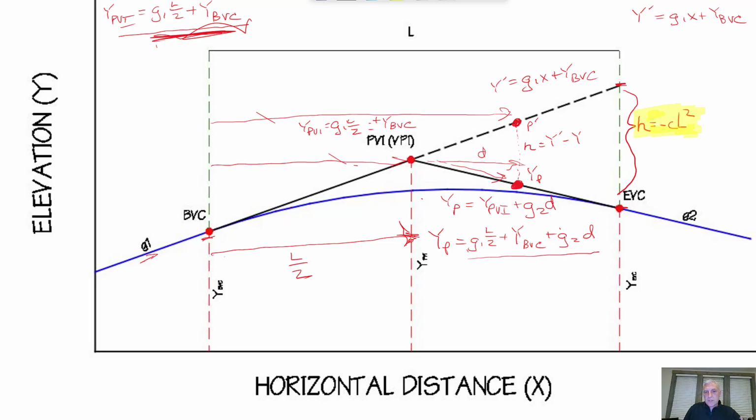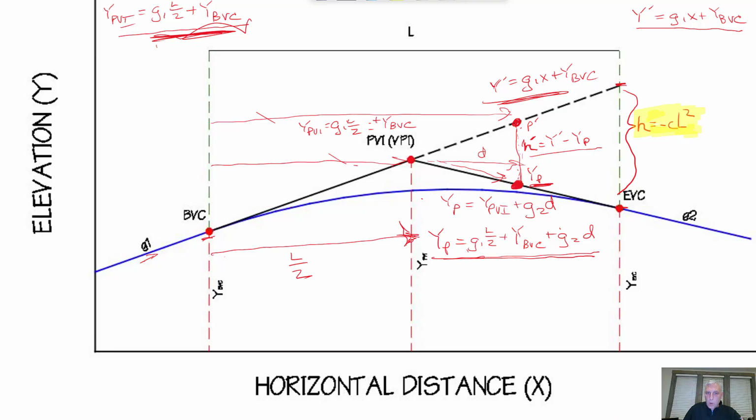So if this is our yp, that should be a yp there, then our h prime here, remember our goal is to get the distance here, which we said is our y prime minus our yp, right? And we just solve for yp here, and we solve for y prime and put it up here.